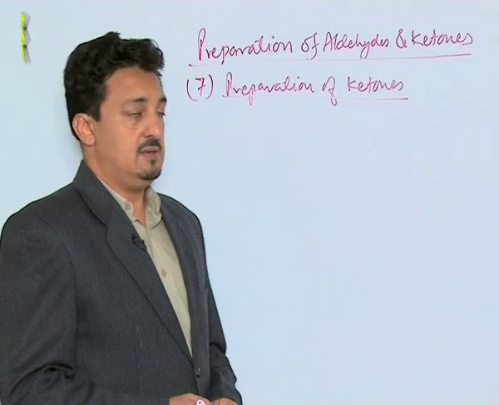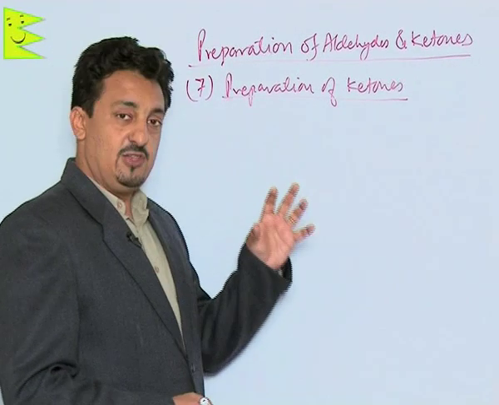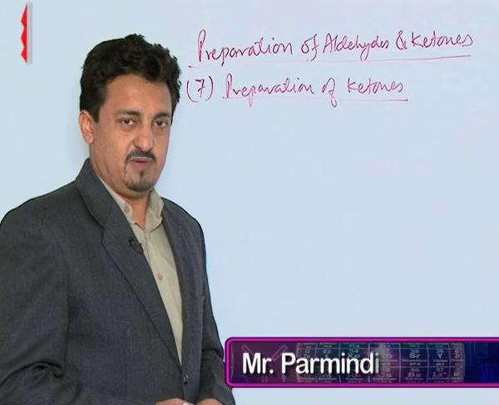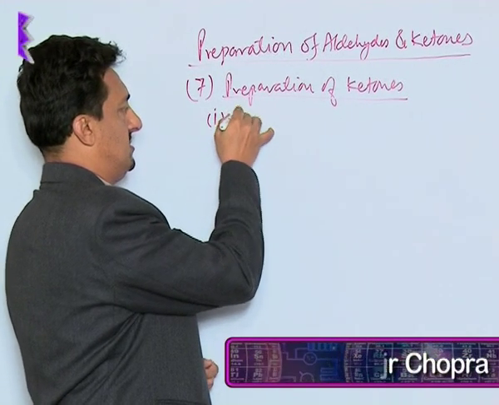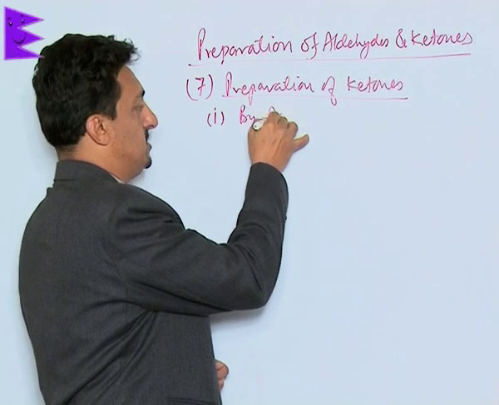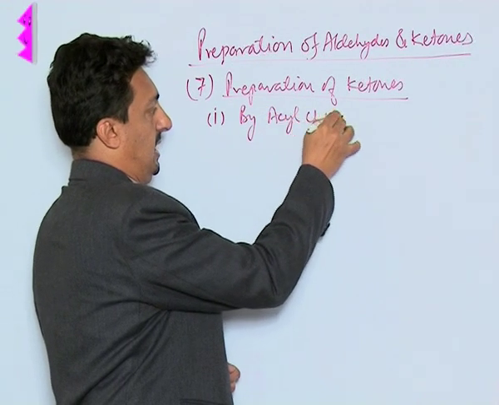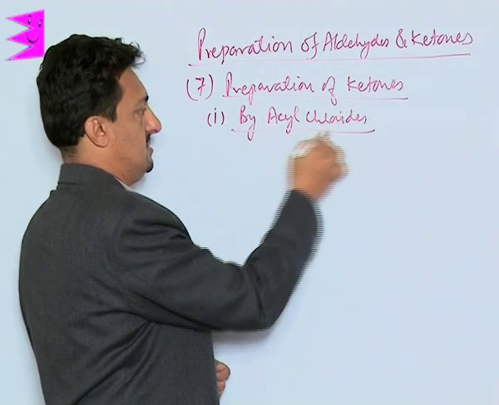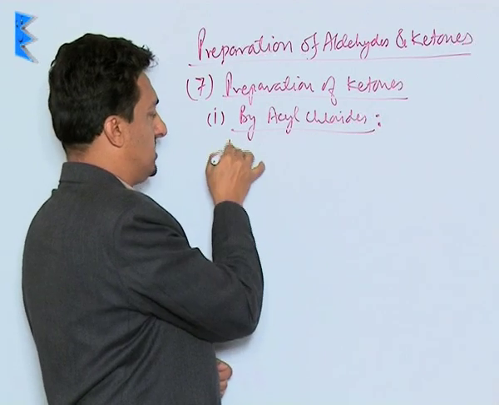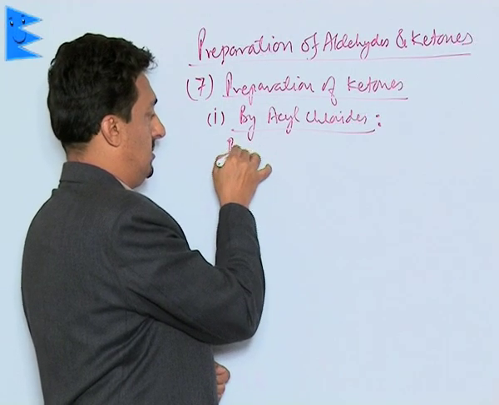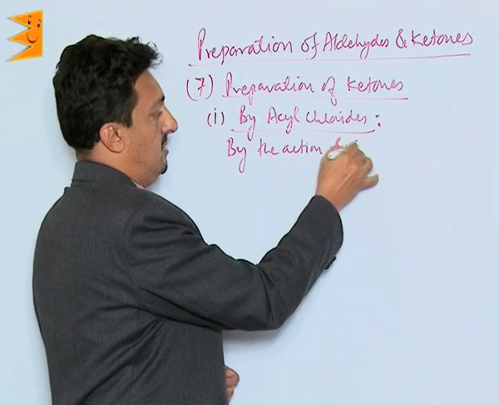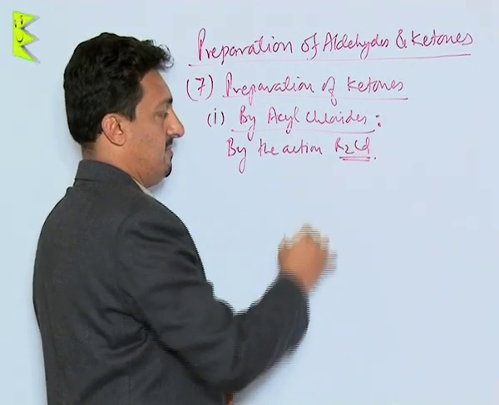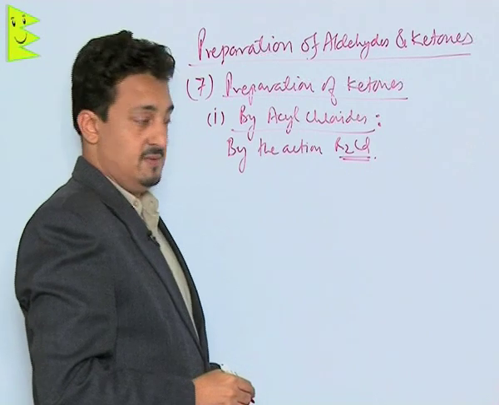Now let us see the methods of preparation of ketones, which are the exclusive methods of preparing ketones. The first one in the list is by using acyl chlorides. In this, what we do is, it is by the action of dialkyl cadmium, R2Cd.